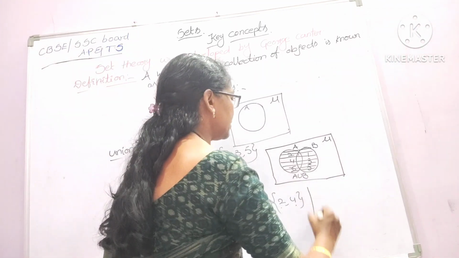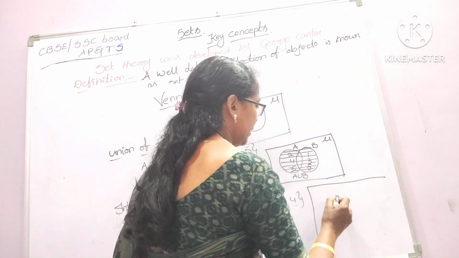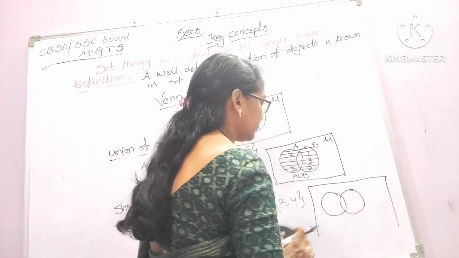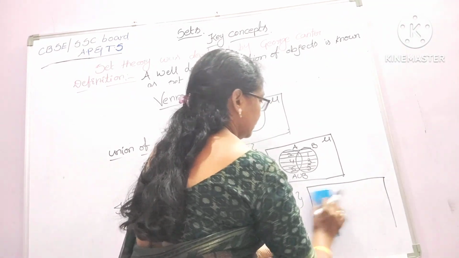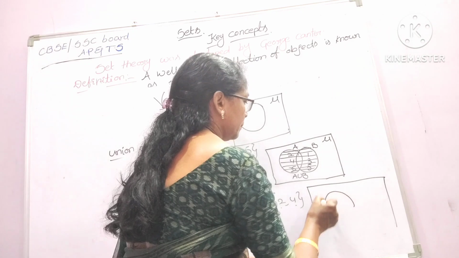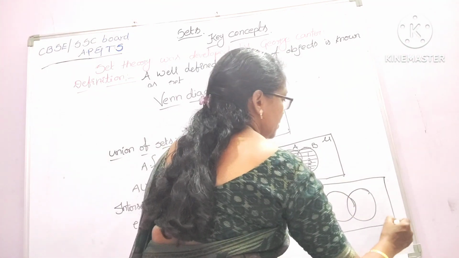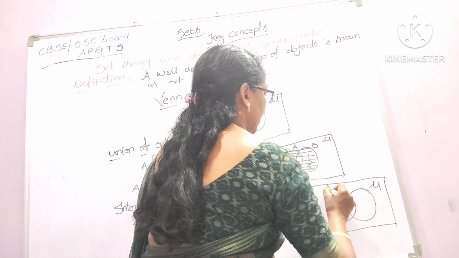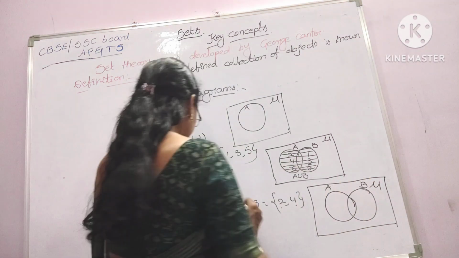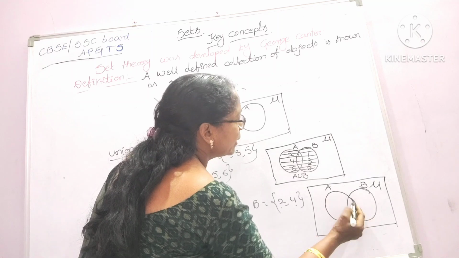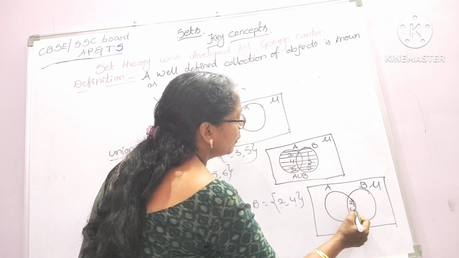This can be represented with set A and set B. Just draw the rectangular box. Here A, here B. What are the common elements? 2 and 4. Whatever the common part is, here you represent 2, 4.